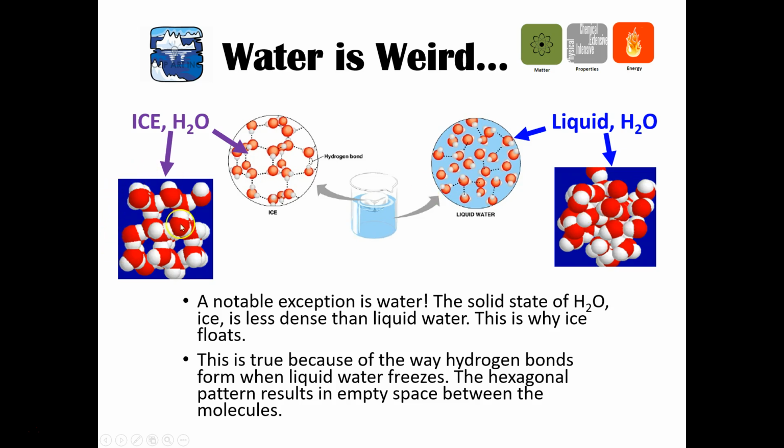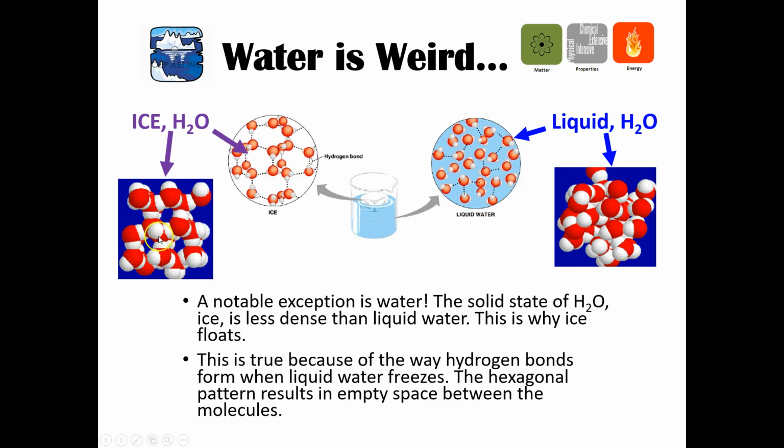But something happens if you remove energy from liquid water and it converts to solid. The molecules arrange themselves in this pattern where they're a little bit further apart, and they have these little gaps. That's driven by something called hydrogen bonding that we'll go into much later in the year. It allows water to stabilize in this shape, which is less dense.